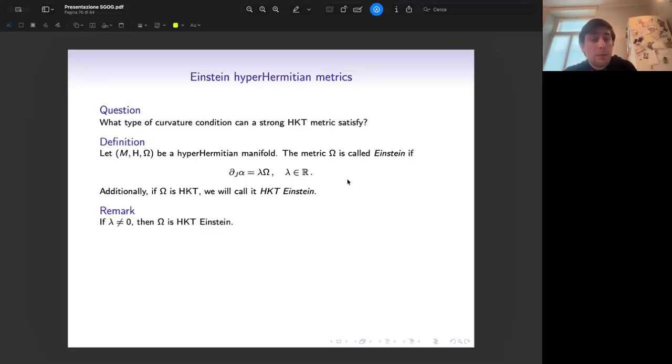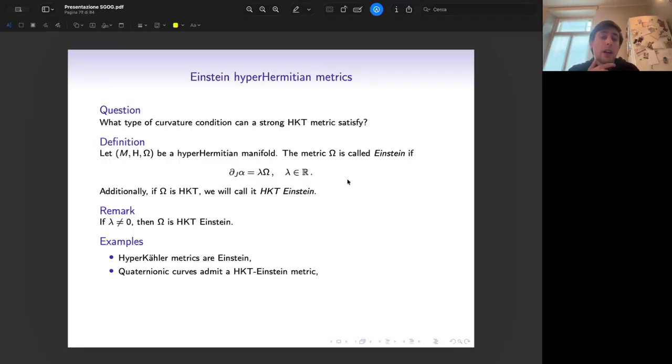An example of this type of metrics are, of course, hyperkähler metrics, which are Einstein and with lambda equal to 0, because they are Ricci flat. Other examples can be found in dimension 1. Indeed, any quaternionic curve admits a HKT Einstein metric.